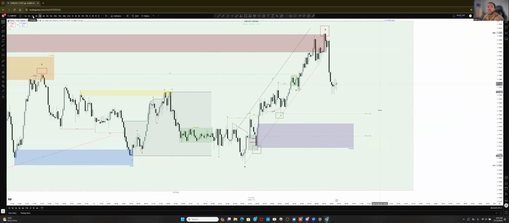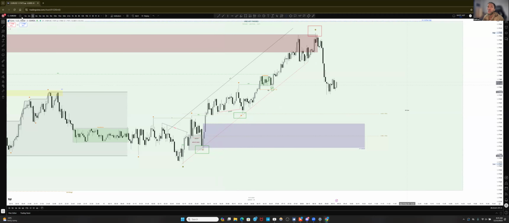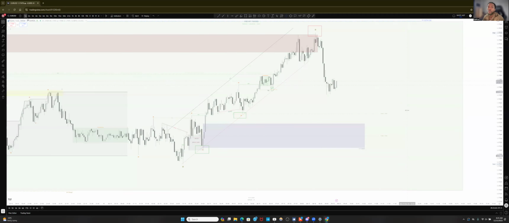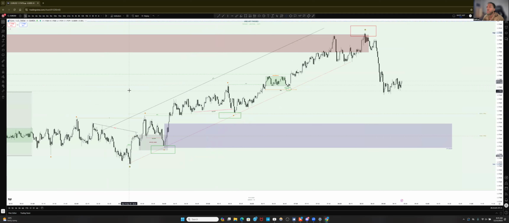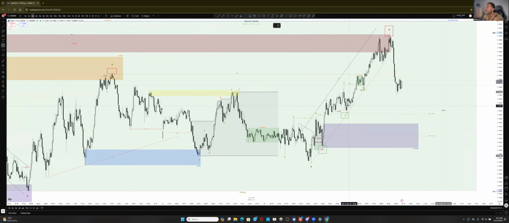Let me go to the 3 minutes to see if there's any unmitigated, or 1 minute if it's more clear. Yeah, so on the 3 minute, we can see that this order block was mitigated, right?